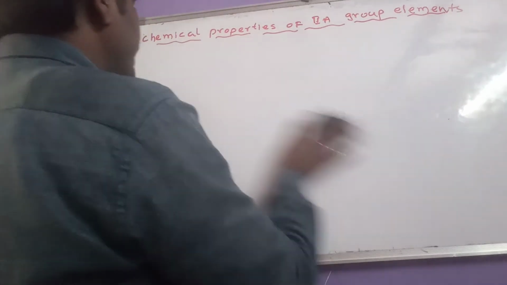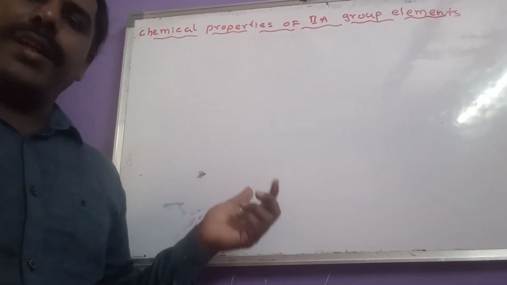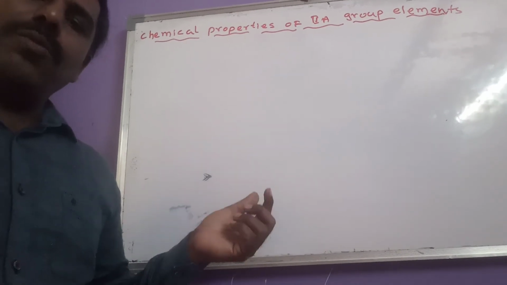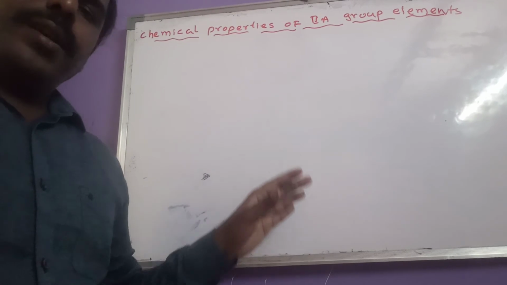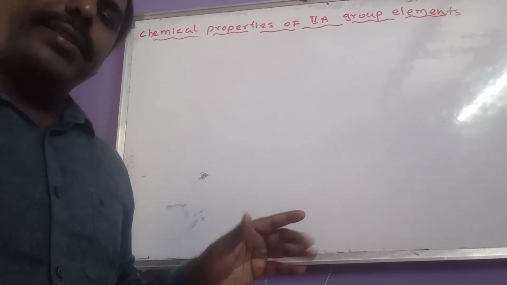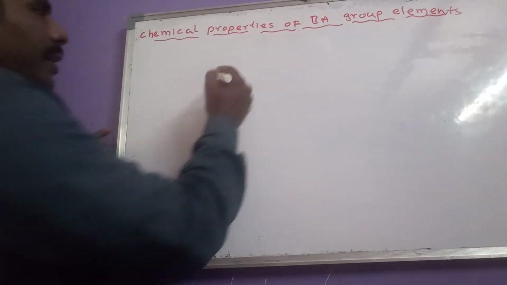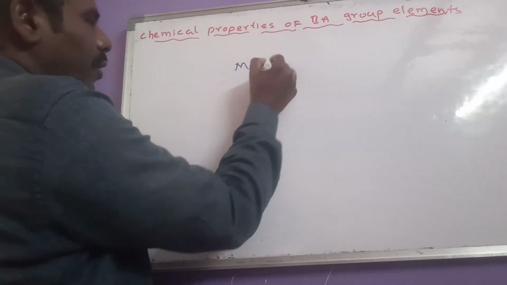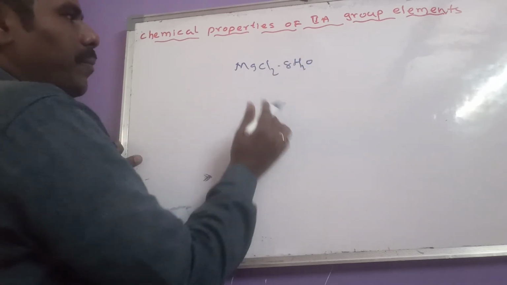Okay, this is regarding halides of second A group elements. And one more important thing regarding halides: the formation of hydrates decreases from top to bottom. That means magnesium chloride forms 8H2O, an octahydrate compound.